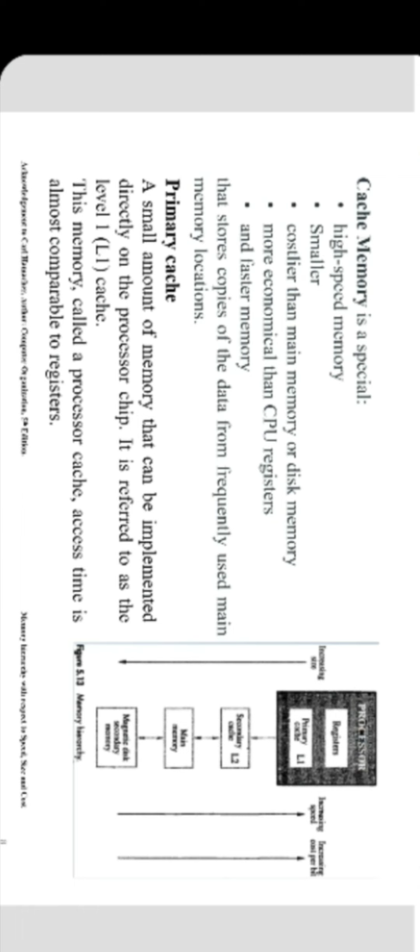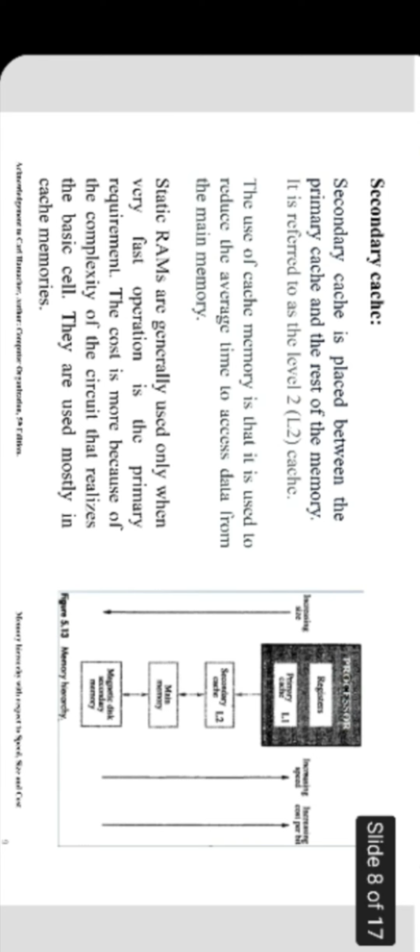Hence part of the cache which is a faster memory, that is outside the processor IC, is called L2, that is secondary cache. Secondary cache is placed between main memory and primary cache. It is not there on chip with the processor IC. It is external to the processor IC.